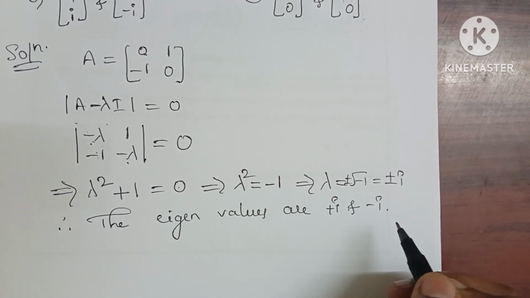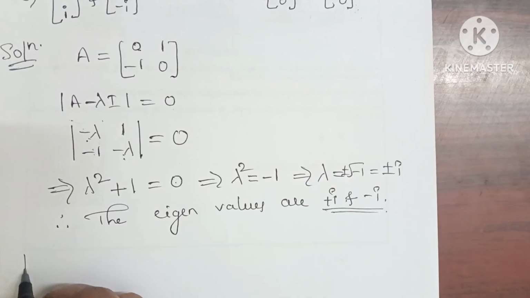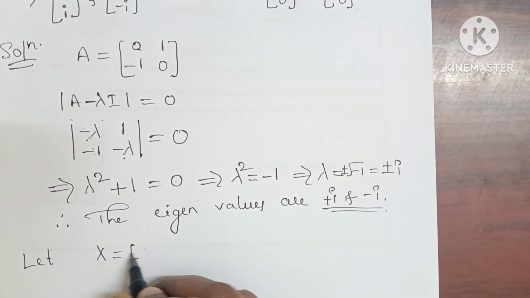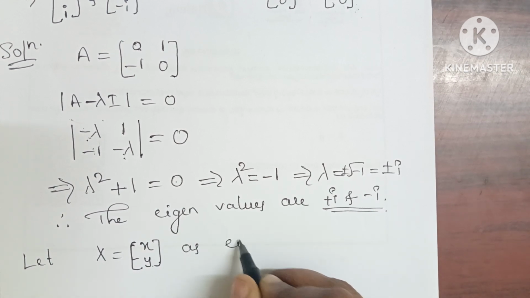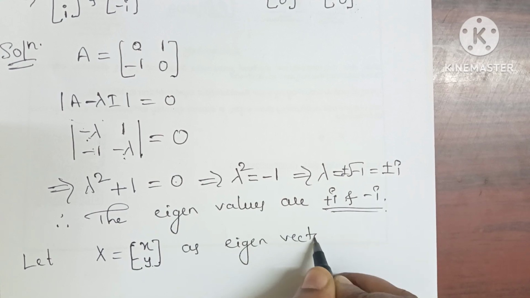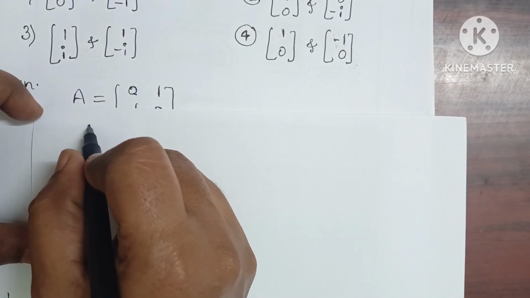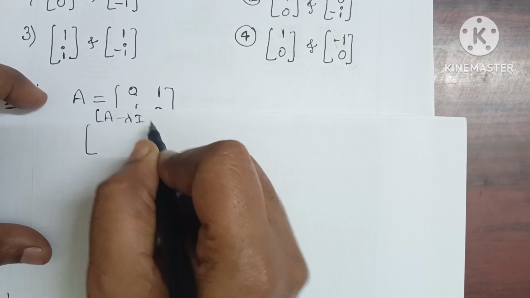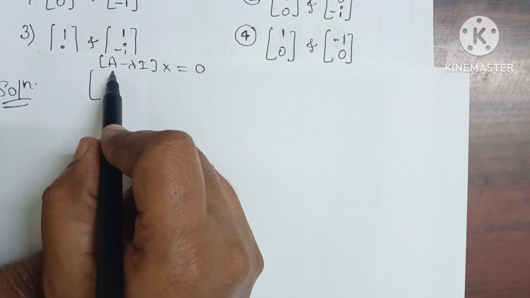Now we have to find the eigenvectors corresponding to these two eigenvalues. Let X equals the column matrix x, y be the set of eigenvectors. Now by the property of eigenvectors, we can write (A minus lambda I) X equals 0.